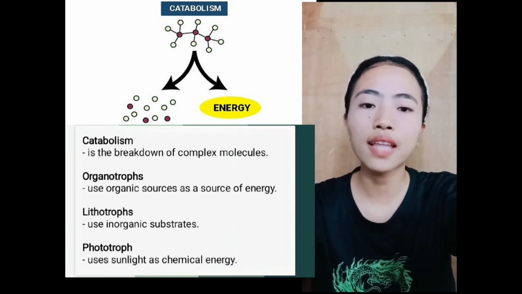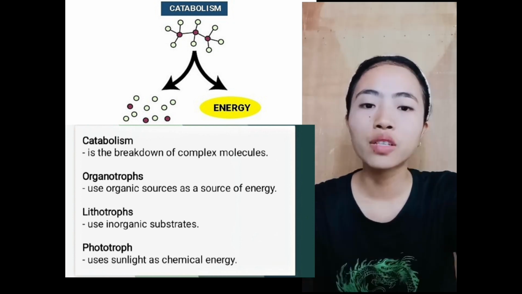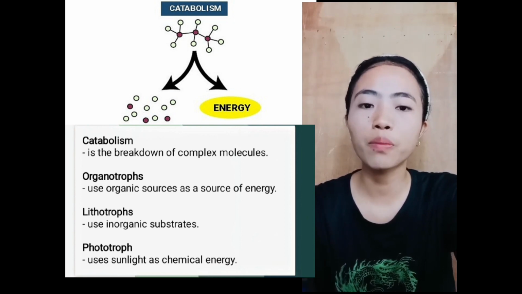Next is the phototropes. Phototropes use sunlight as chemical energy. Phototropes are organisms that use sunlight as their primary source of energy for metabolic processes. In particular, phototropes perform photosynthesis, a complex series of biochemical reactions.